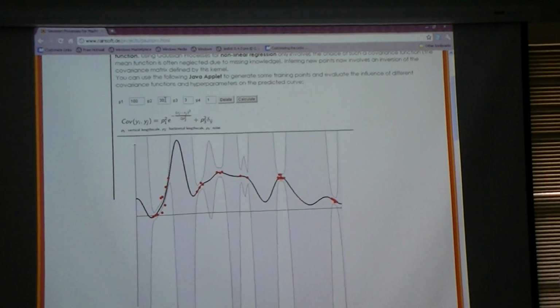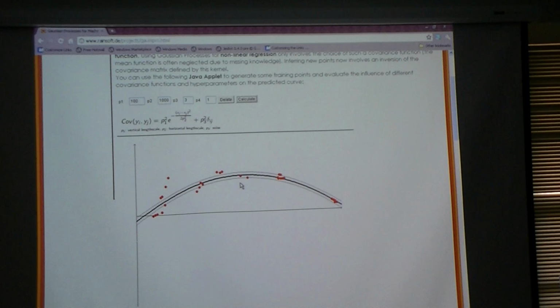But if you zoom out, well, everything is predictable, because you are now assuming these two guys are very, very close. So they have very strong correlation. So you observe this one, you know what's going to happen to that one.